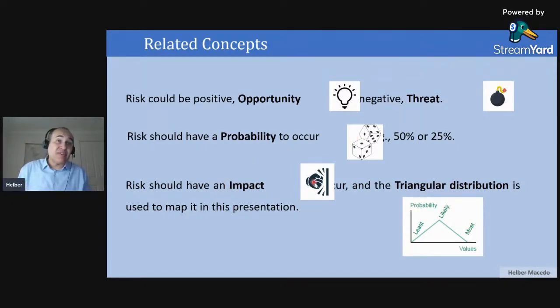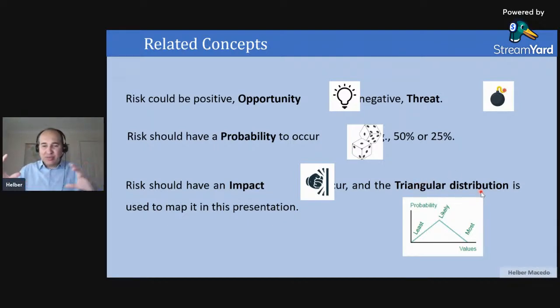Also, risk should have an impact. So if this risk can happen, what will be the impact? What will be the effect that you see in my cost, my schedule? And here in the examples that we will discuss in this presentation today, we will use the triangular distribution.